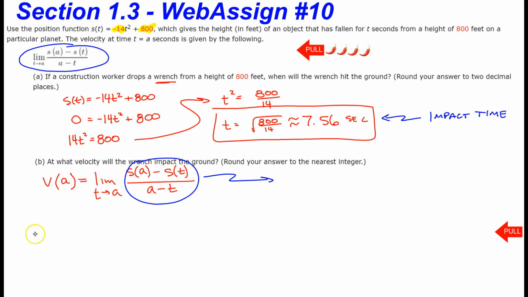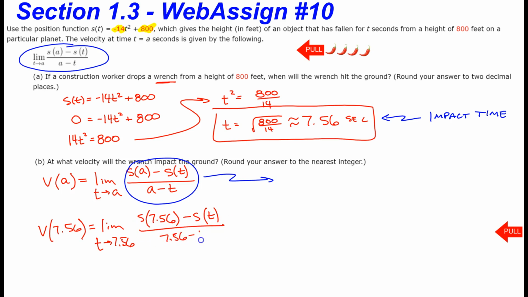So actually, let me rewrite this as the velocity at time t equals 7.56 is equal to the limit as t approaches 7.56 of s of 7.56 minus s of t, all divided by 7.56 minus t. Okay, so let's ignore this line up here. I'm not going to look at that in any more detail than I already did, and we'll go with this new one.